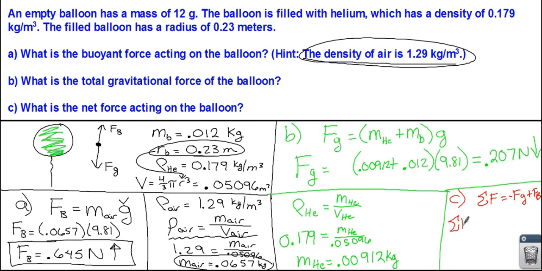So the net force is equal to negative 0.207 plus 0.645, and we get the net force is equal to 0.438 newtons. The 0.645 was greater, and that was upward, so this is an upward force. This tells us that the balloon is going to rise.